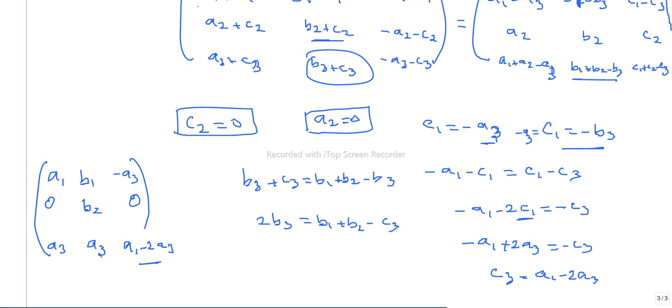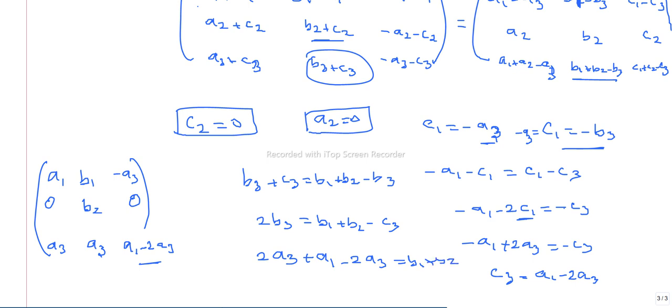Okay, sorry, actually what is B3? B3 is A3, right? Therefore 2 times A3, maybe we can take the C3. So C3 is A1 minus 2 times A3, equal to B1 plus B2.